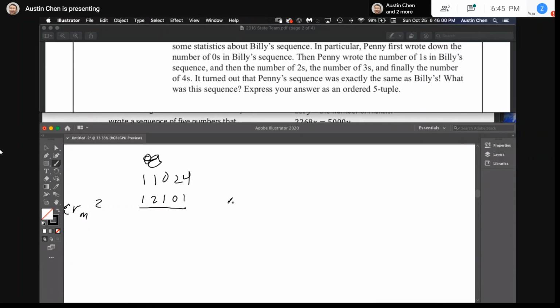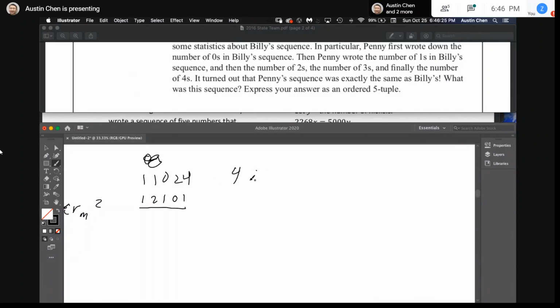And then you can see that you can't have any fours in your sequence. Why? If you test some stuff out, if you have a four, remember our sequence sums to five, so we have to have three zeros and a one somewhere.